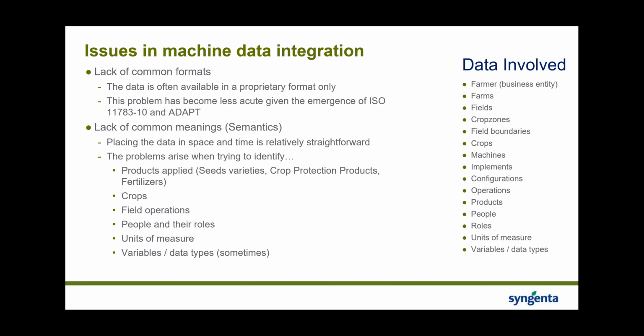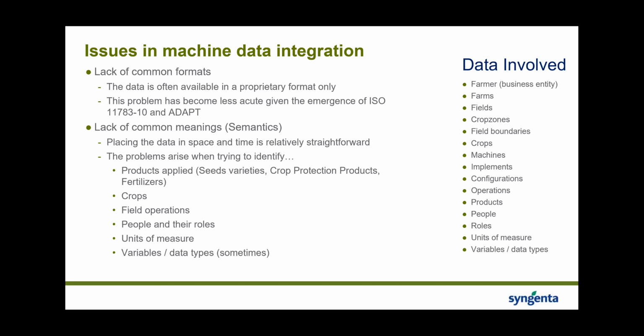A bigger problem is the lack of common meanings, or common semantics. Although placing the data in space and time is relatively straightforward, problems arise when you're trying to do other things like identify the products that you applied, identify the crops that you're working with, identify what field operation you're performing and who was involved and what role they had, and what the units of measure are for all these things that you're reporting.